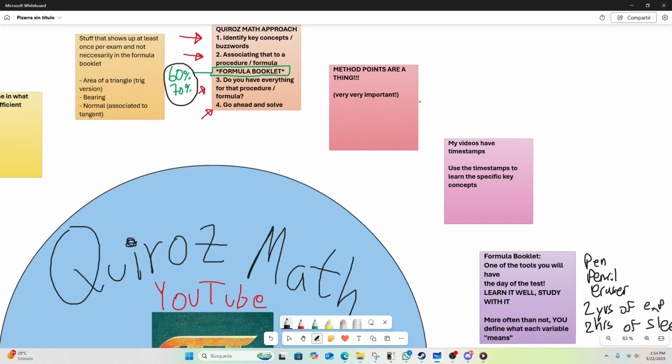And for the average IB ISL person, going for method points and then getting a couple of answer points correct is more than enough. You probably just need a 5 or something, and method points assure you the 4. You're going to get a couple of answers right, you will get the 5. That is my approach. That is my method.